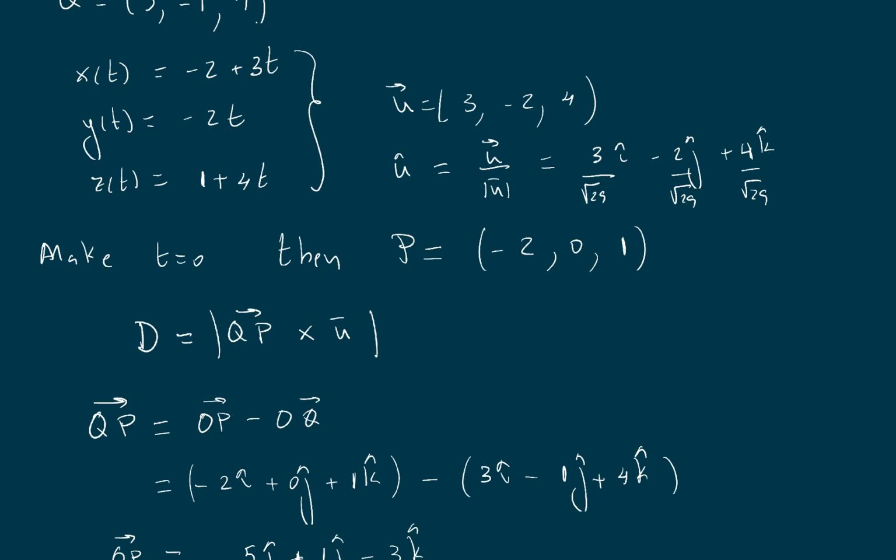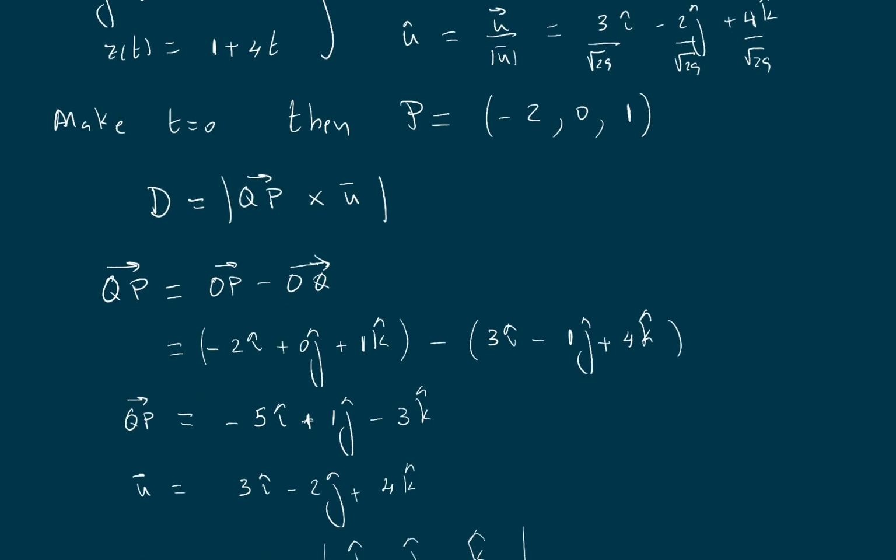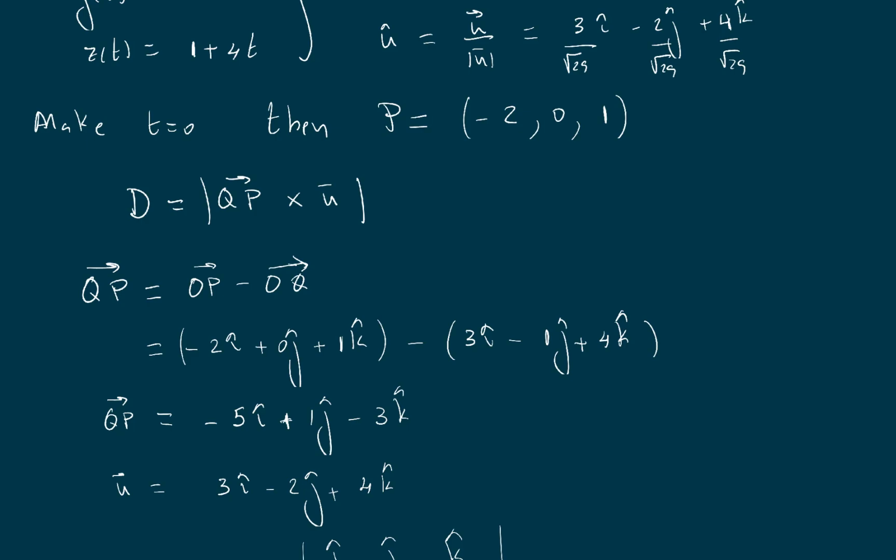QP is OP minus OQ. QP is the vector that goes from Q to P. So who is the vector OP? The point P is the point (-2, 0, 1), so OP is -2i, 0j, 1k.